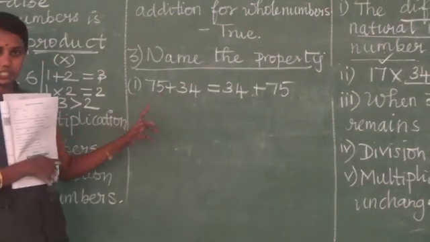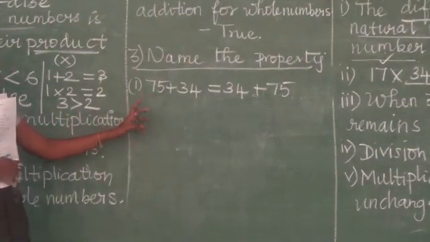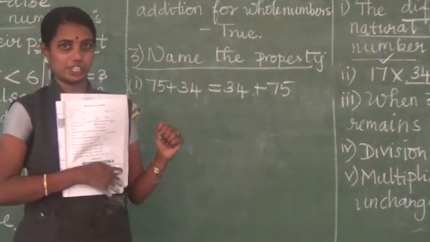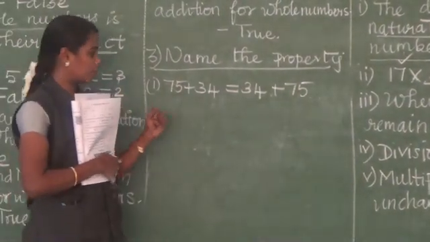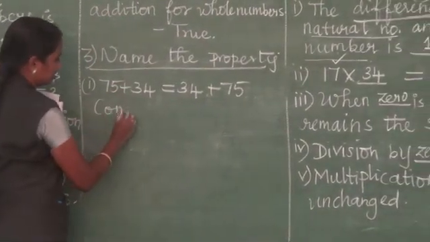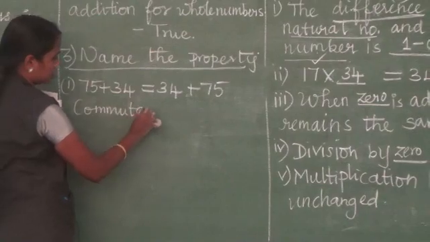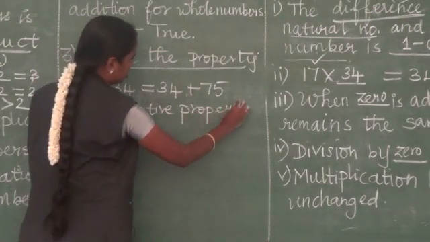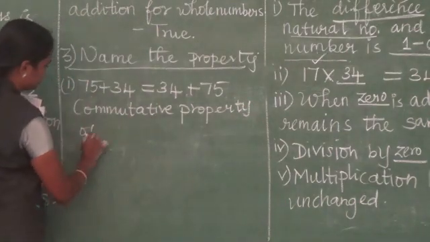Two whole numbers we have. So when you have two whole numbers, which property is it? Commutative property. What operation is here? Addition. So this property is commutative property of addition.